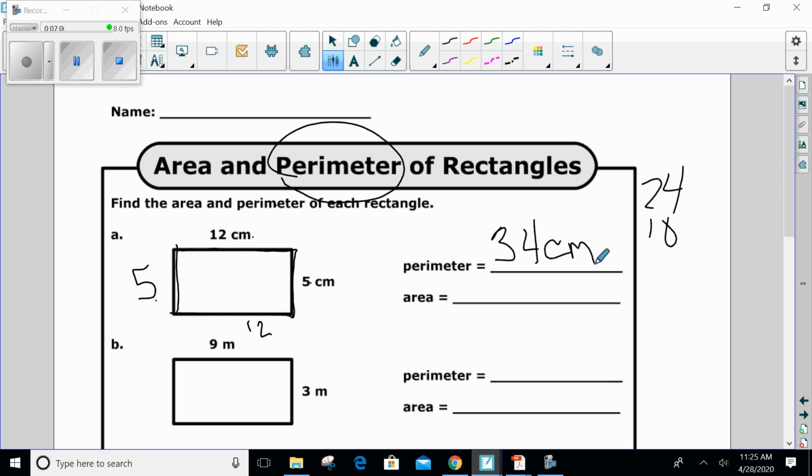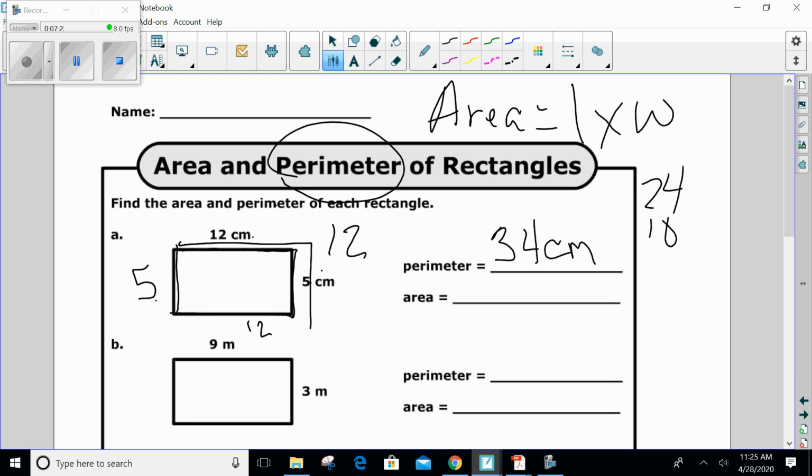But we know that area equals length times width. Area of a rectangle is length times width. Well, here's my length and here's my width. So I can do 12 times 5.